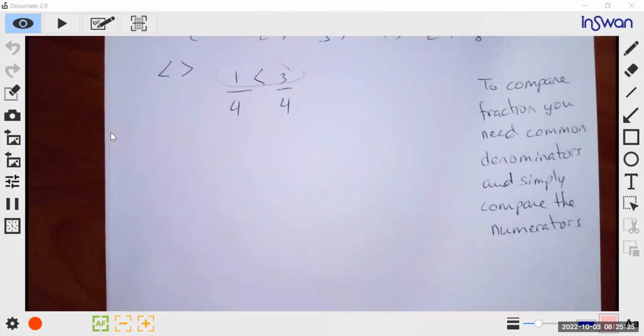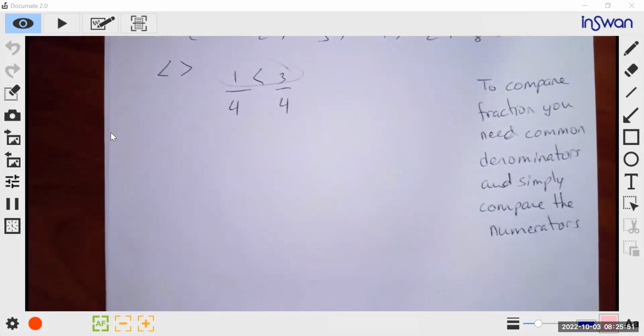So to compare fractions, you have to have them all written with the same denominator. Once you do that, then you just look at the top numbers, and it's in that order, from smaller to larger. To compare fractions, you need common denominators. Once you have that, then you simply compare the numerators.